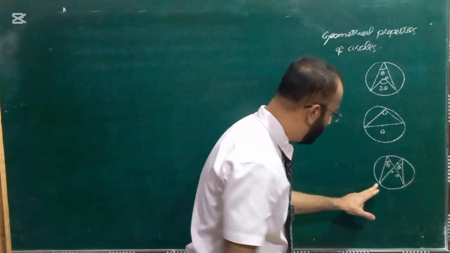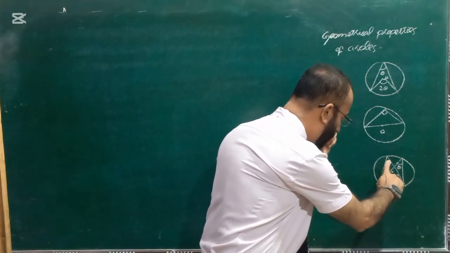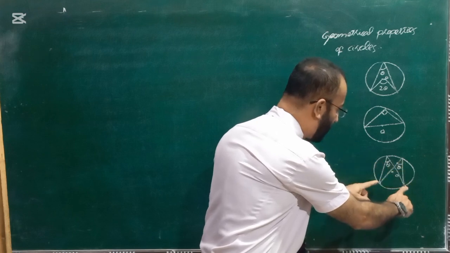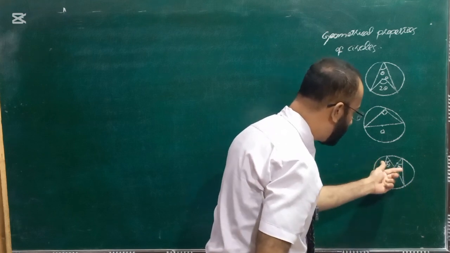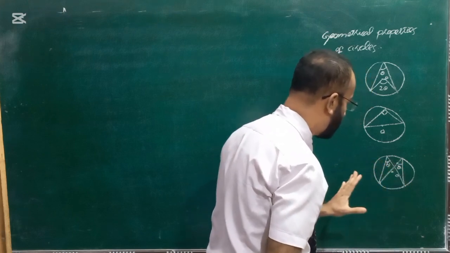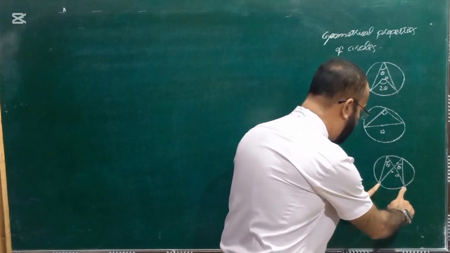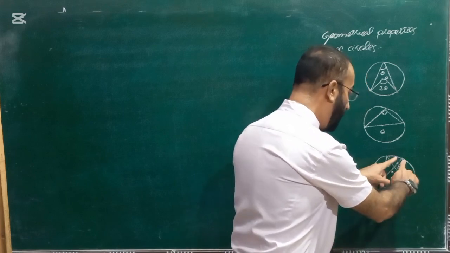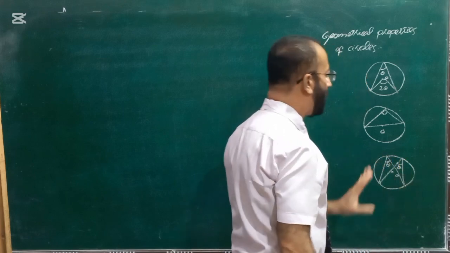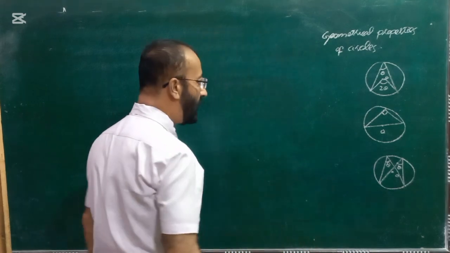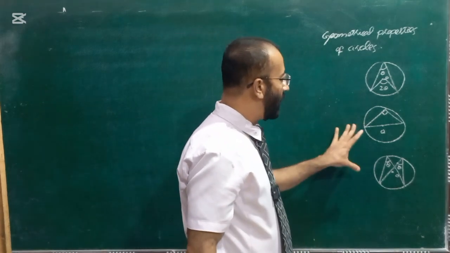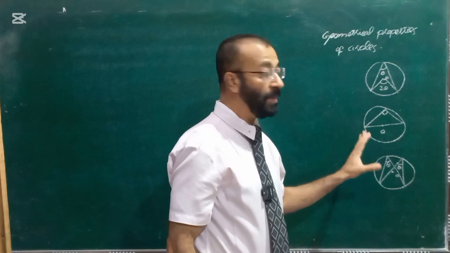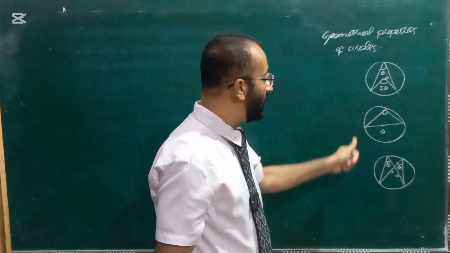So look now, this is the segment. The angles in the same segment are of equal measures. Or in other words, the angles made by an arc at the circumference are of equal measures. So these are three properties which you have to understand and learn first before doing the questions of this type.